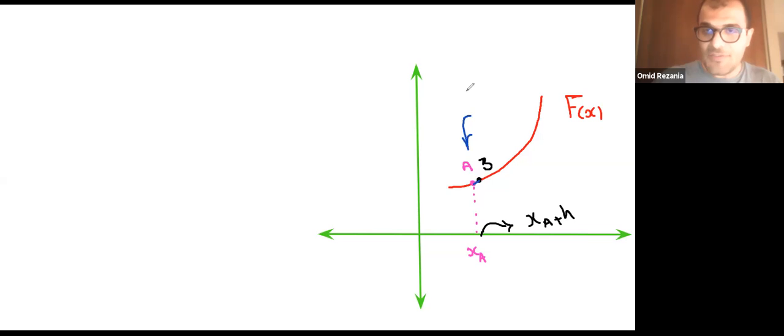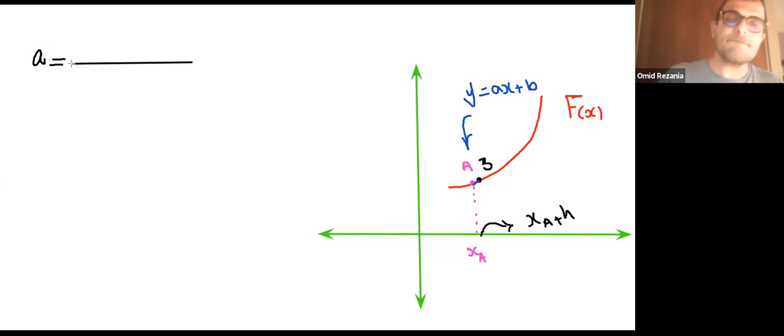Again, we have the same thing, y equals ax plus b. And as I derived that before for you, we said that a, the slope of that line, simply becomes this equation: f of x plus h minus f of x, divided by h. I had xa plus h.